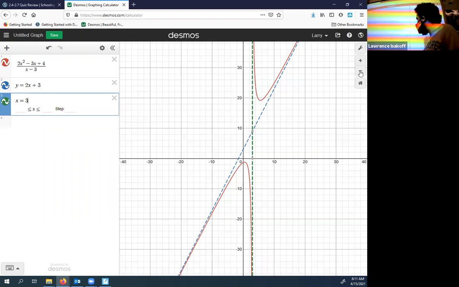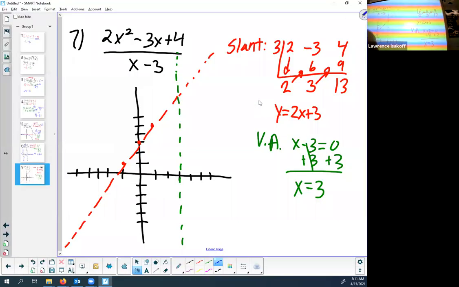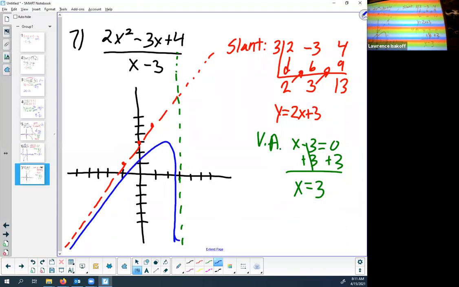My hand sketch is going to be a little inaccurate because I see here, like, this point is 5.5, comma, almost 20. So yeah, we'll call our sketch good enough going like this and going like this.